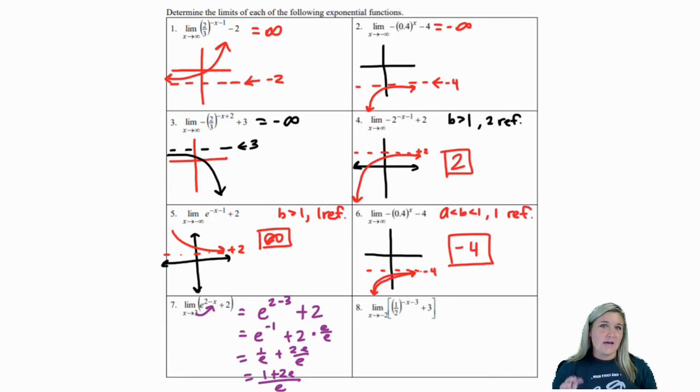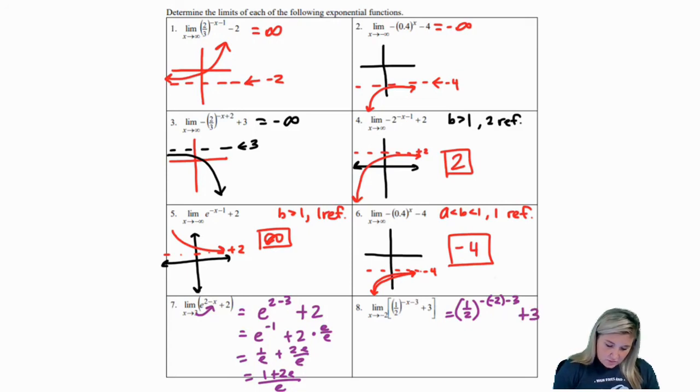Again, here trying to be kind of tricky because this is not approaching positive infinity or negative infinity. It's just approaching a number. It's approaching negative 2. The limit as x approaches negative 2 of 1/2 raised to negative x minus 3 plus 3. As long as my function is defined at this number, remember, I can just use substitution. So I'm going to have 1/2 raised to the negative 2 minus 3 and then plus 3.